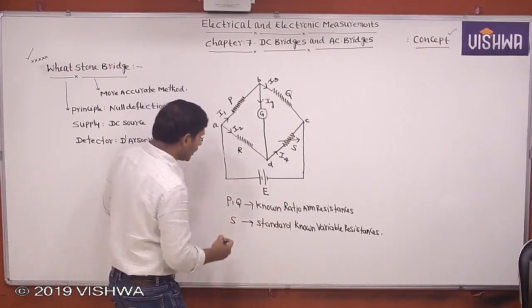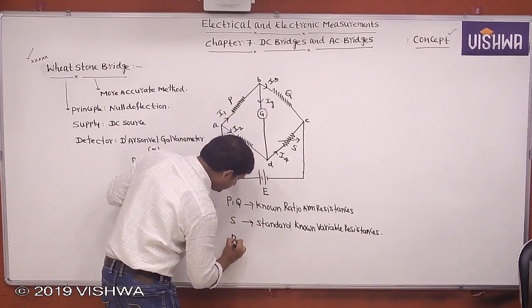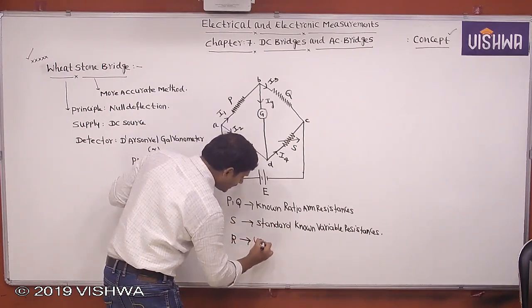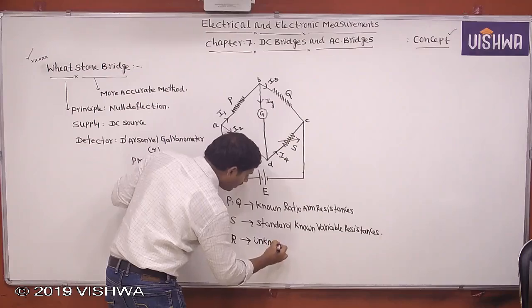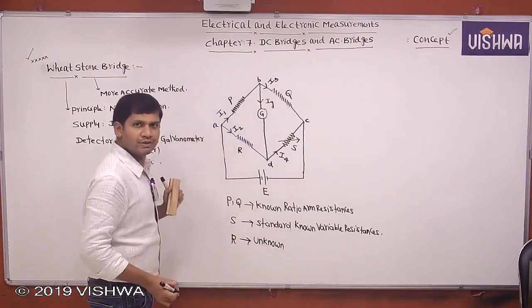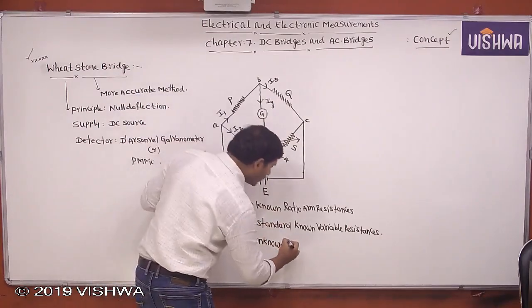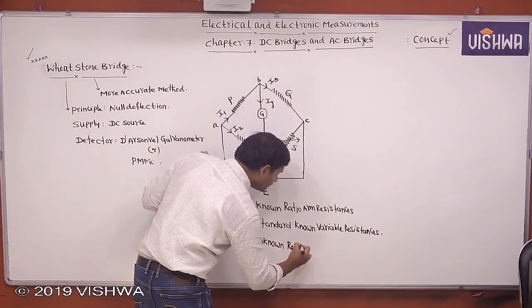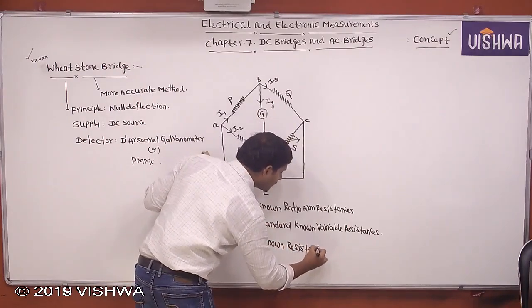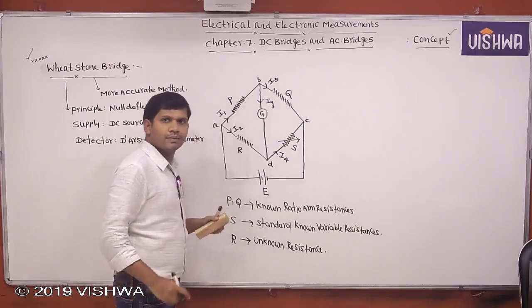R is the unknown resistance. This is the resistance we want to find using the Wheatstone bridge. Clear? Okay.